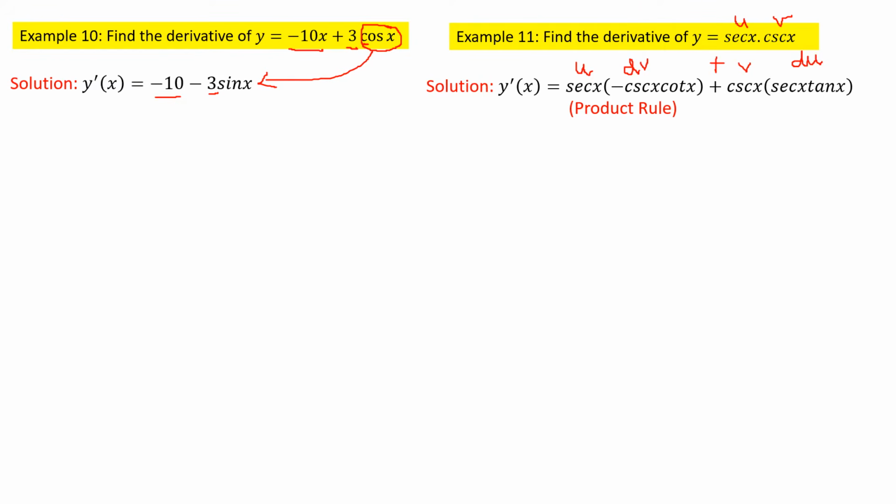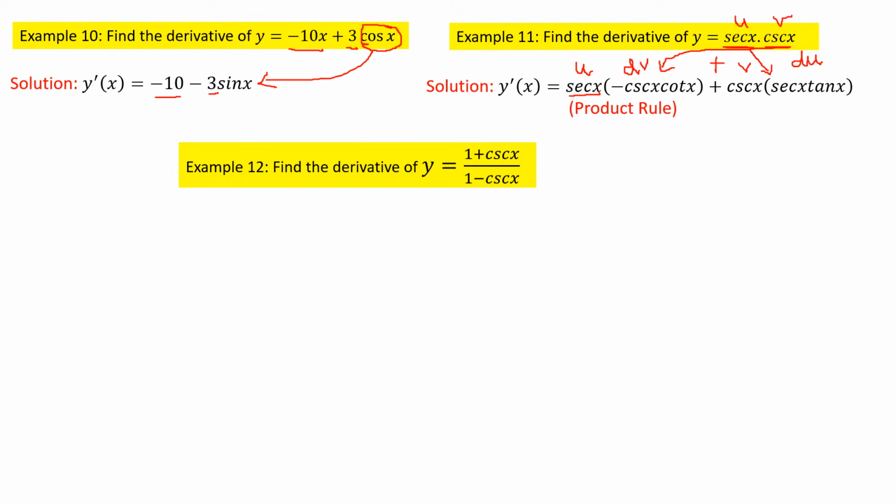Okay, so what is u? Secant x. What is v? Cosecant x. So derivative of cosecant x, it starts from the letter C, so I will get minus cosecant x cot x plus, we write the v term, then derivative of u. What is my u? My u is secant x. So derivative of secant x will give you secant x times tan x.